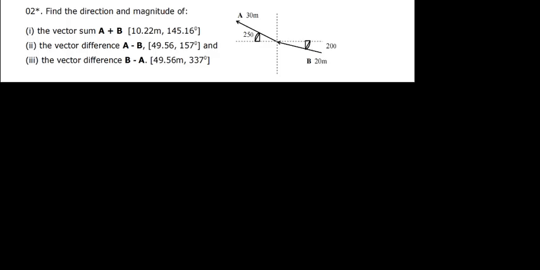To resolve a vector into the x component, which is going to be a cos theta, like I said, if we're resolving any vector into x component, we use cos. So ax is equal to a cos theta. Then I'll say ax will be equal to, my a is a vector 30, cos the angle.